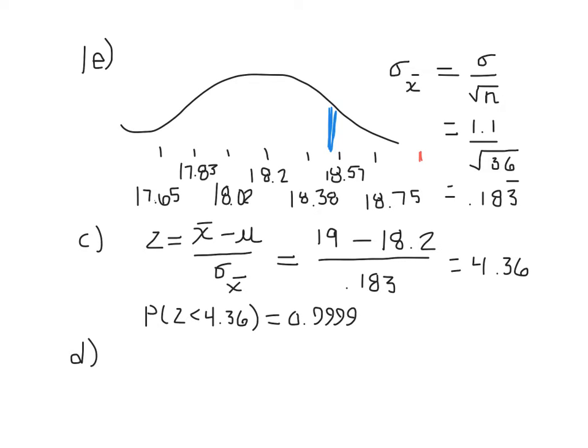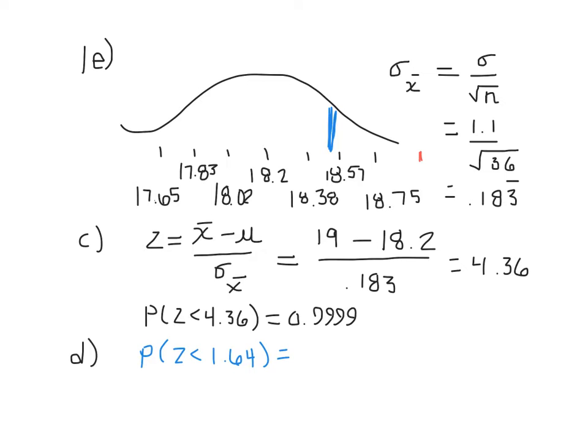And actually, it is 1.64-ish, depending upon how you rounded, standard deviations if you do the same thing, but this time use an x-bar of 18.5. So the probability then that z will be less than 1.64 can be found in your table.